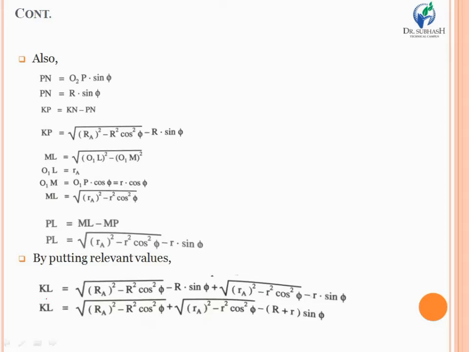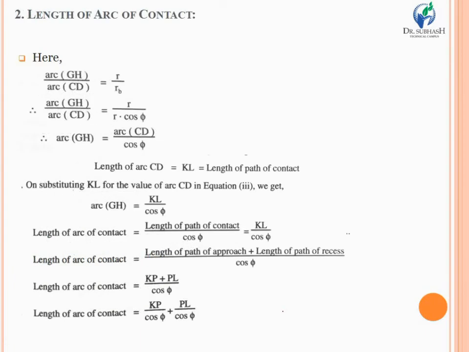Further simplification will give us the relation: under root capital RA square minus R square cos square phi, plus under root small r square minus R square cos square phi, minus R plus R sin phi. So this is the length of path of contact of the two meshing gears.